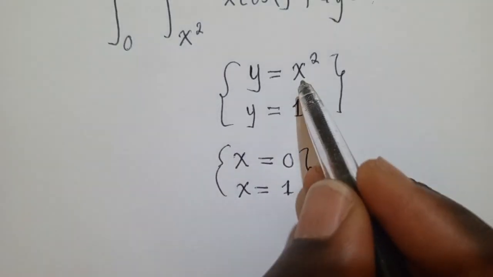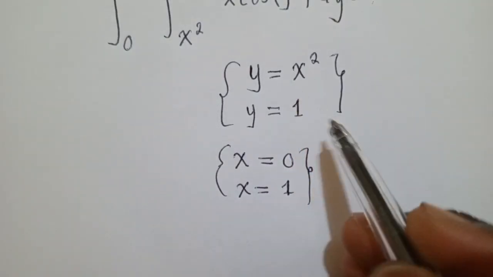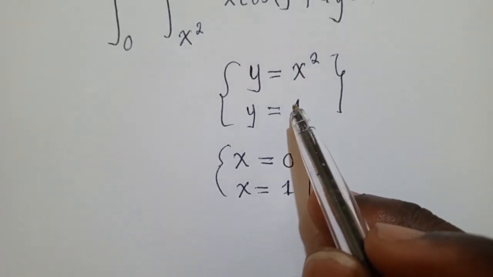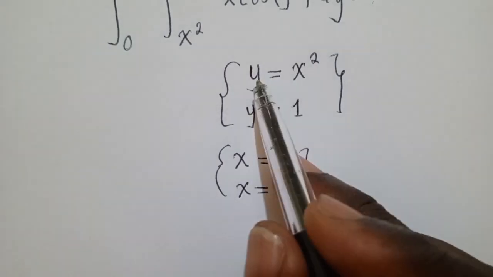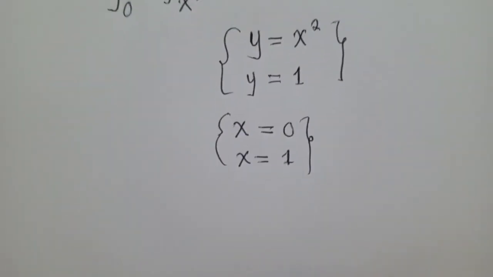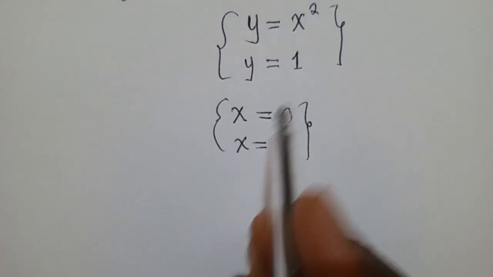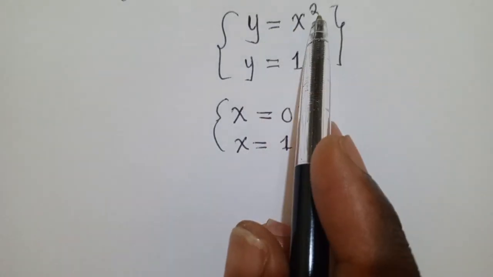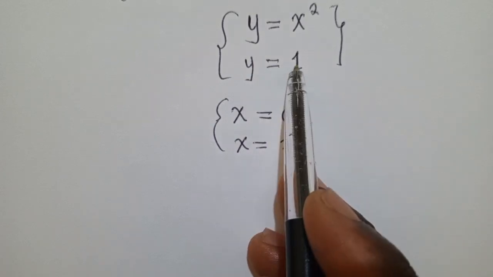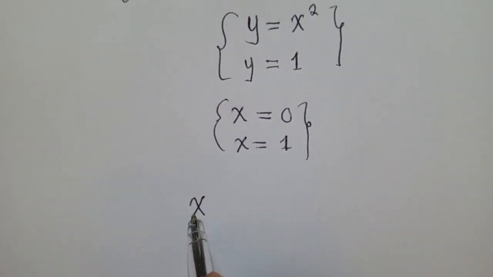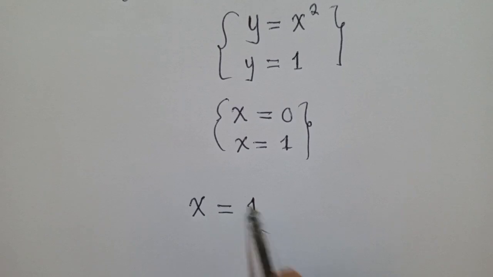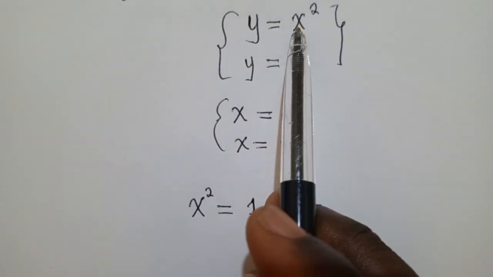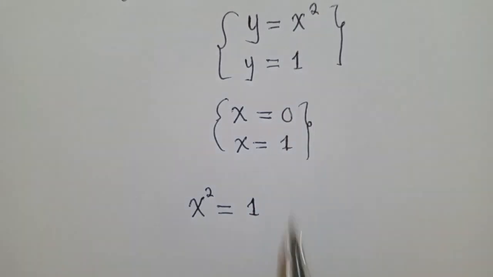Of course, for these two, we are going to find the intersecting points where they are intersecting, this one and this one. To find that, we are going to equate them. Since we know that y is equal to x power 2, and y is equal to 1, we equate them. Actually, x squared, I'm just equating these two. So x squared is equal to 1.